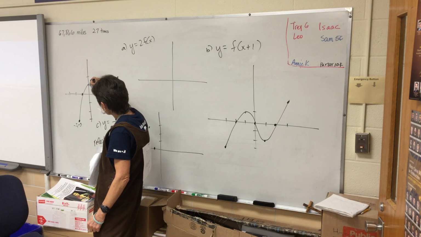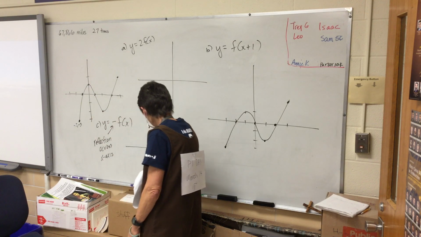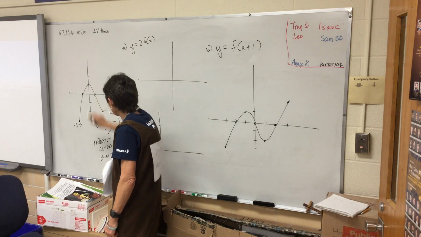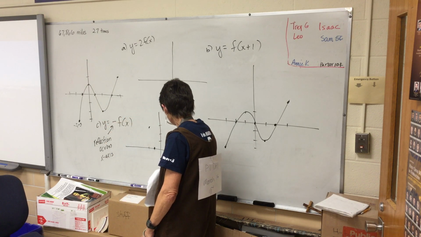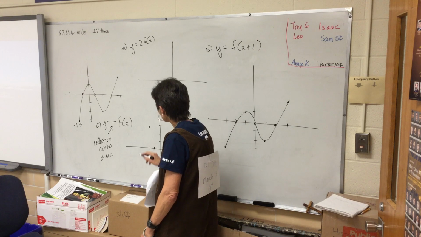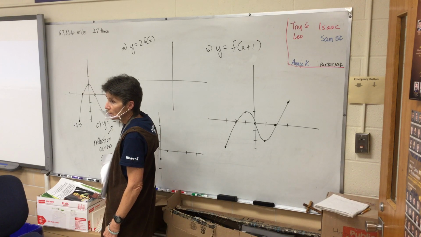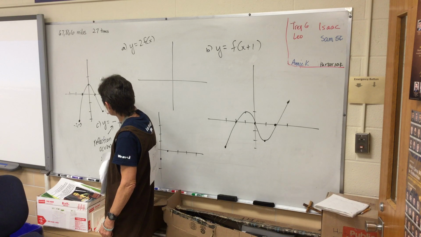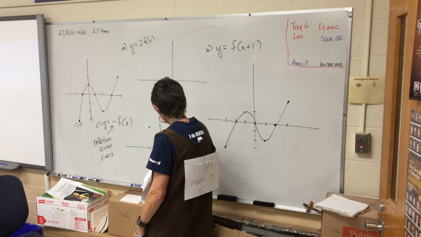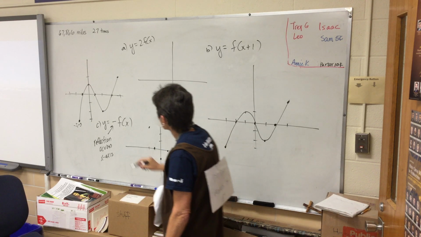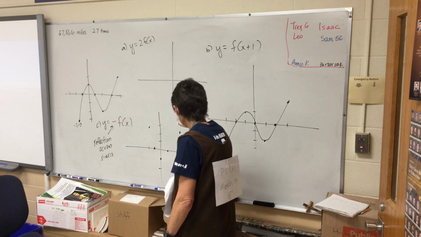This one, which is up 1, will now be down 1. That one will stay the same. Now, this one is down 2, so he's going to be flipped up 2. That one just stays put.